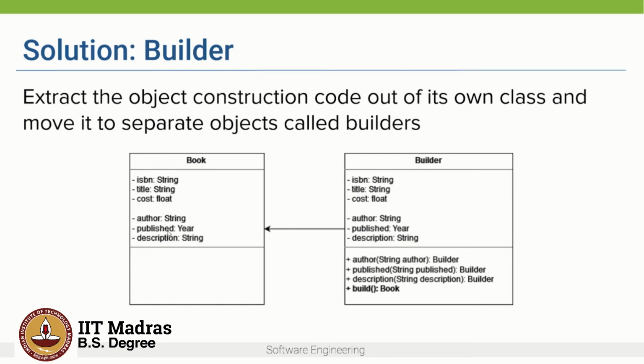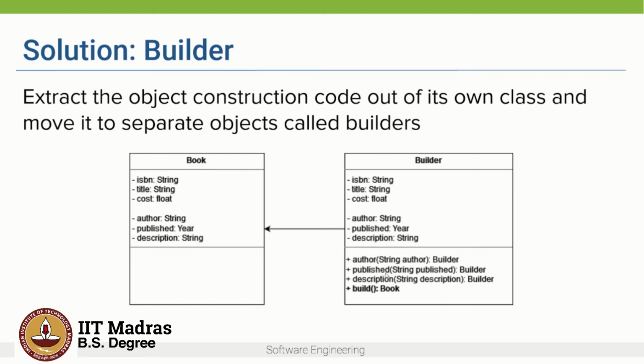create another class called builder, which has the same fields as the book class, right? And in addition to that, it has methods like author. So this method is nothing but the method which initializes the author field.